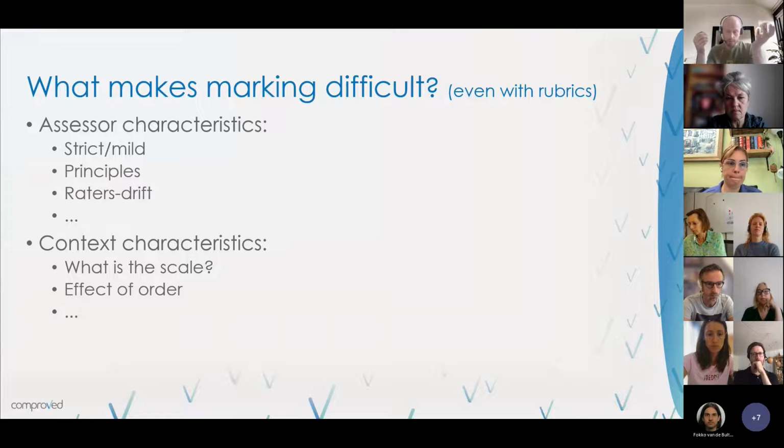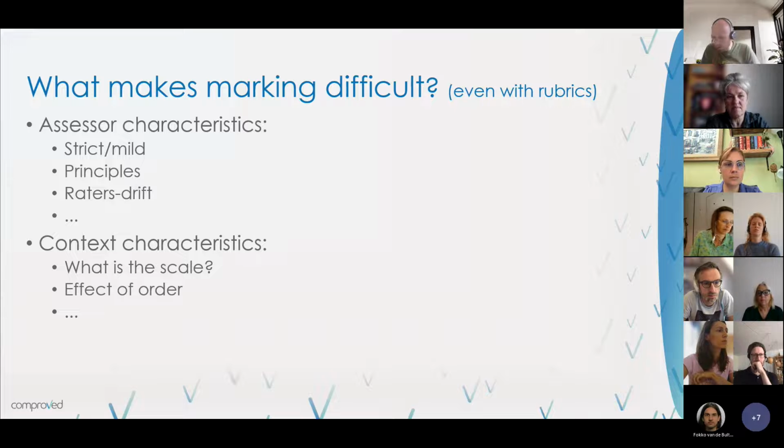One is very strict, the other is more kindly. You have some teachers who will not give more than a 7 out of 10, while others think, okay, the scale is 10, so 10 is possible. You have people who are fond of some principles, for instance, the language teacher in Dutch who does not let pass the dt faults.